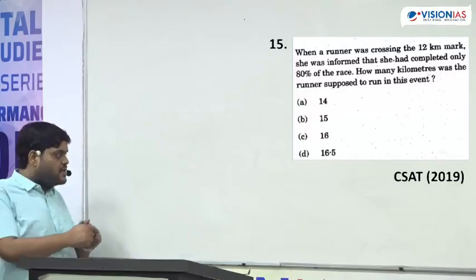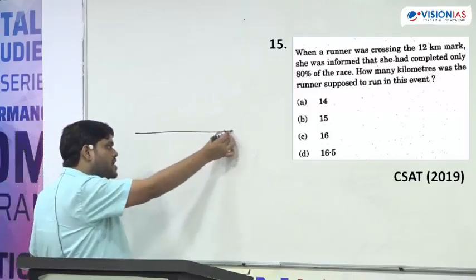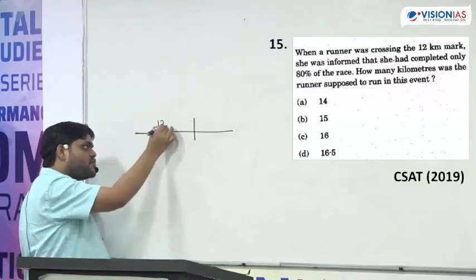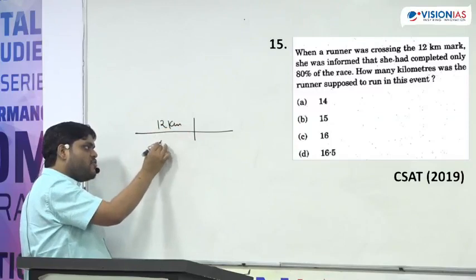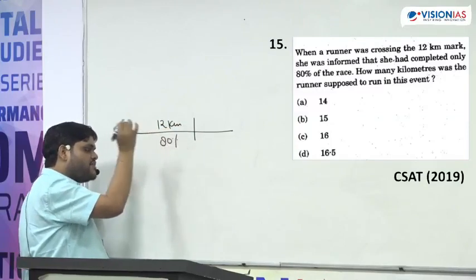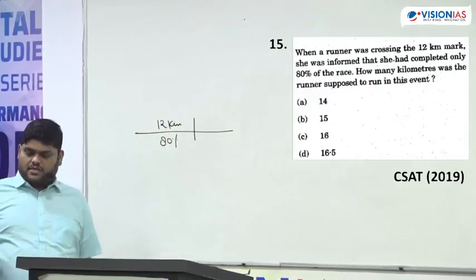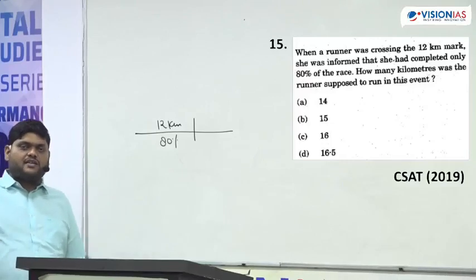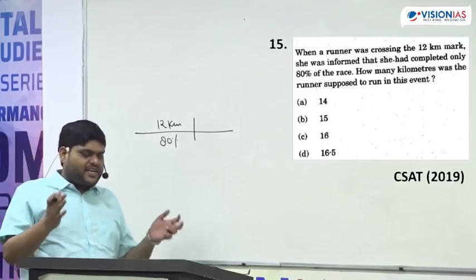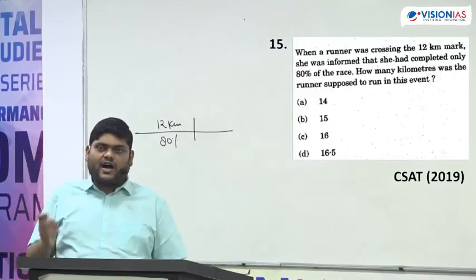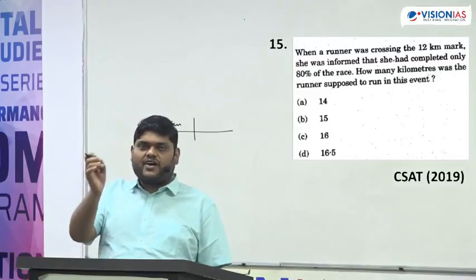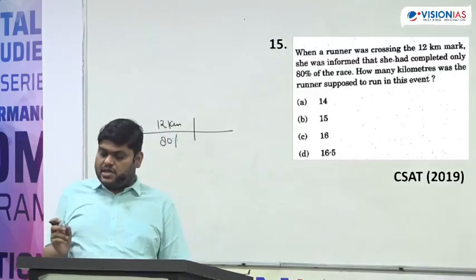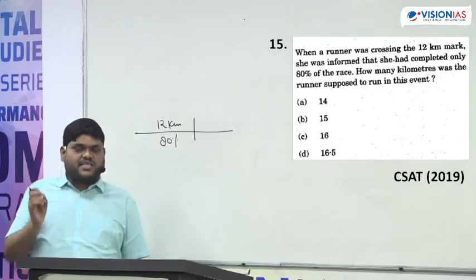The same logic. When the runner covered 12 kilometers, she was informed that she has covered 80% of the distance. That means suppose you are running and after covering 12 kilometers, you have been informed that you have covered 80% of distance.